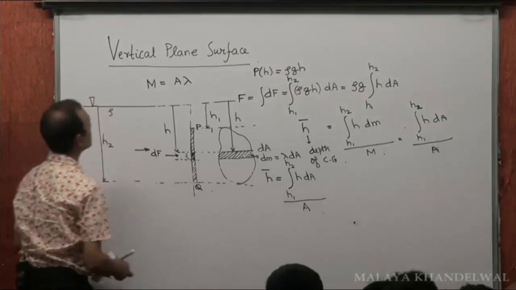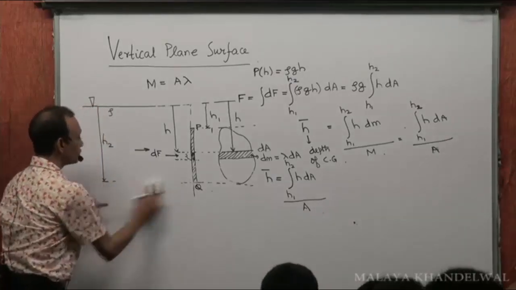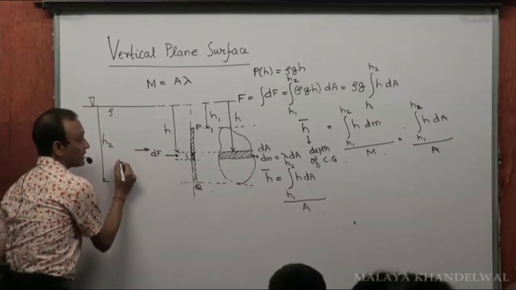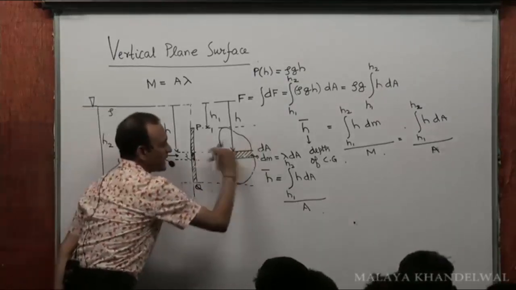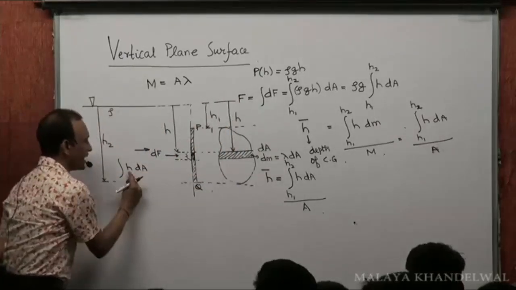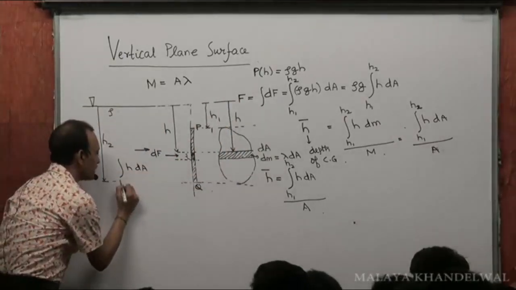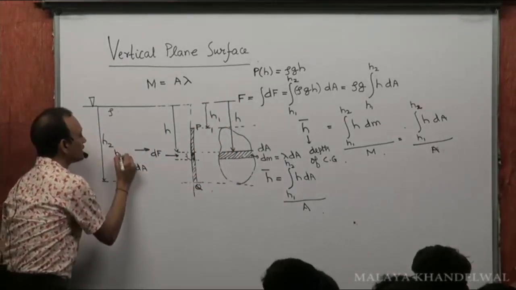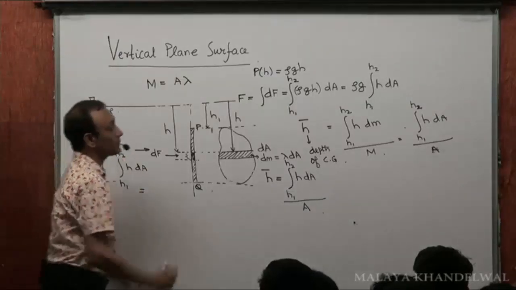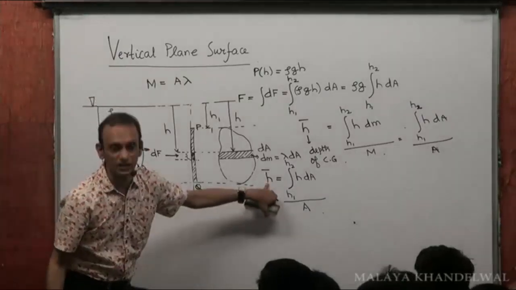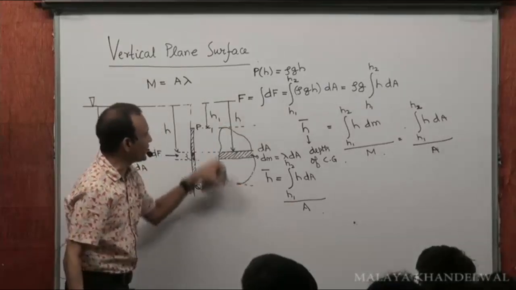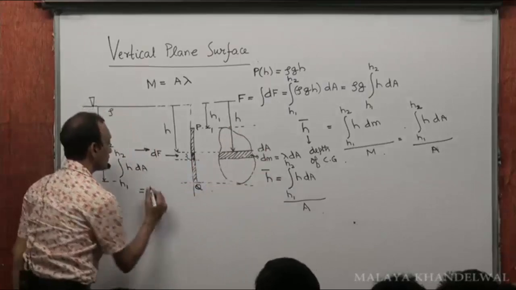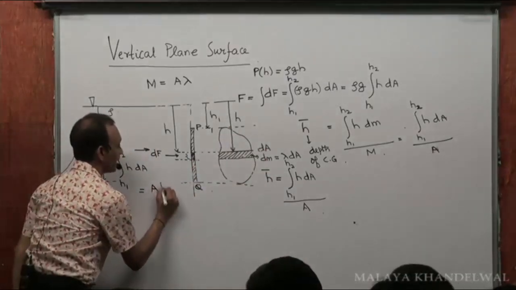Which means you can also see that I keep selecting various dAs at various depths h and sum them up from h1 to h2. I end up getting h bar, the depth of the center of gravity, into the total area A of this planar figure. Which will be A into h bar.